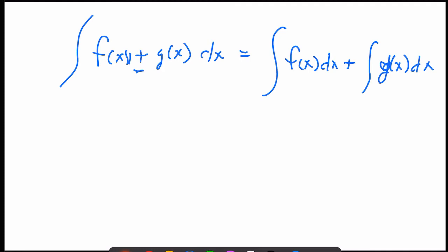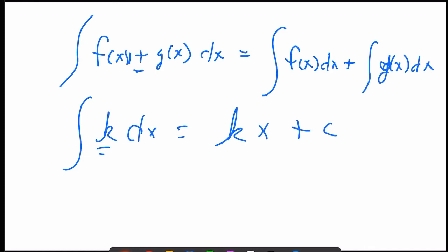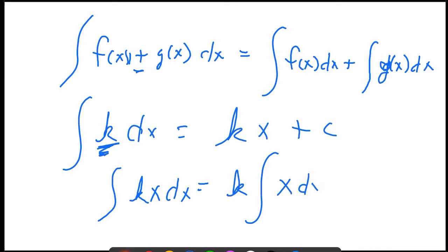Okay? If we have the integral of k dx, so we have a constant, that's kx plus c when we're done. If we have a constant, we can move it outside. So the integral of kx dx is k times the integral of x dx.